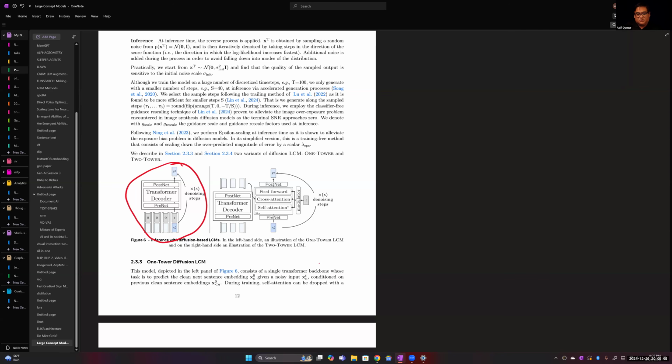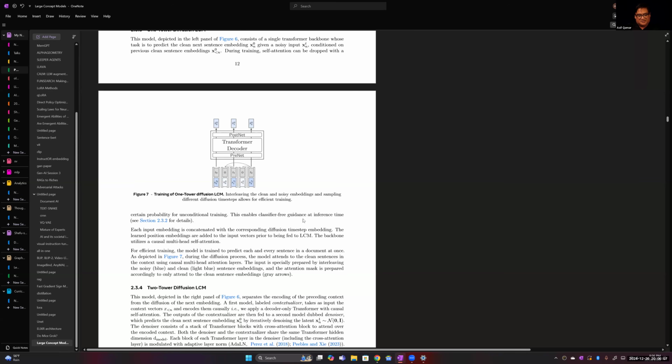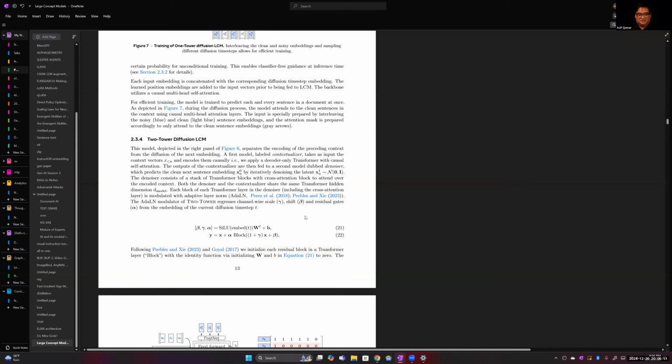But in the case of a two tower approach, which is more robust but computationally heavier, you use two different things: one tower for denoising, the diffusion part, and one for the decoding part. They mention that one tower is computationally more efficient, but two tower is better though.